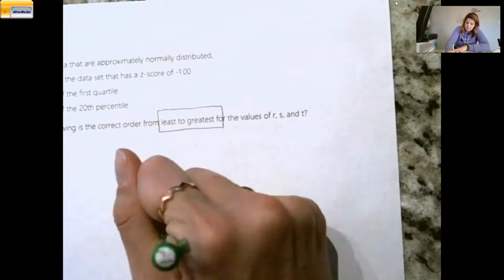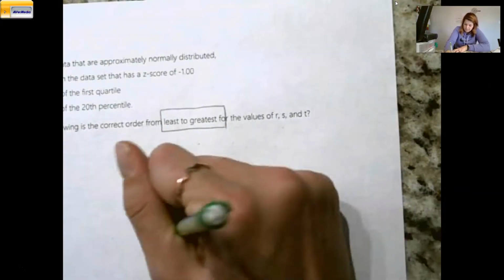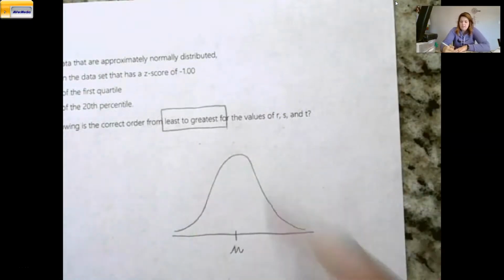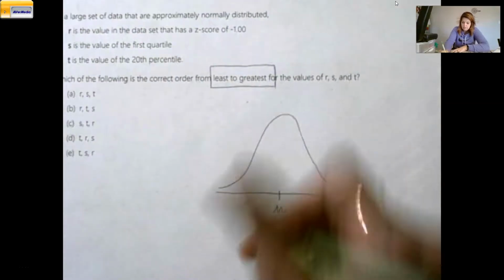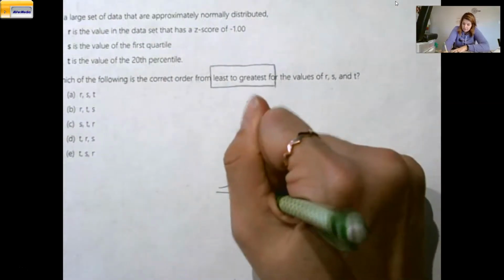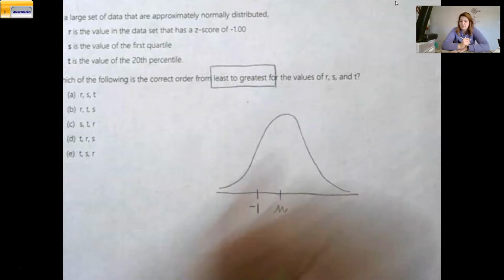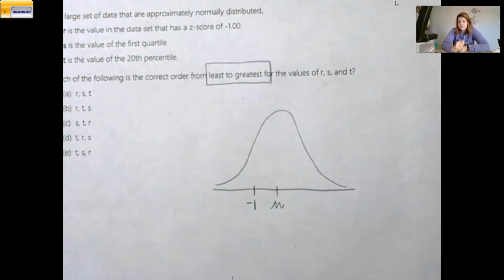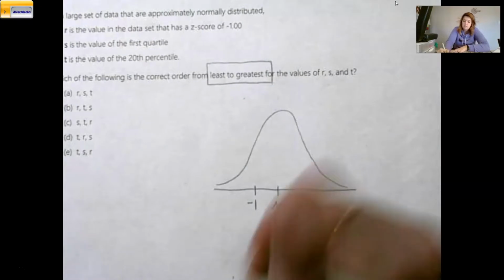Well, that means that if the distribution is normally distributed and the mean is in the center, a z-score of -1 is right here. A z-score means you are one standard deviation below the mean.